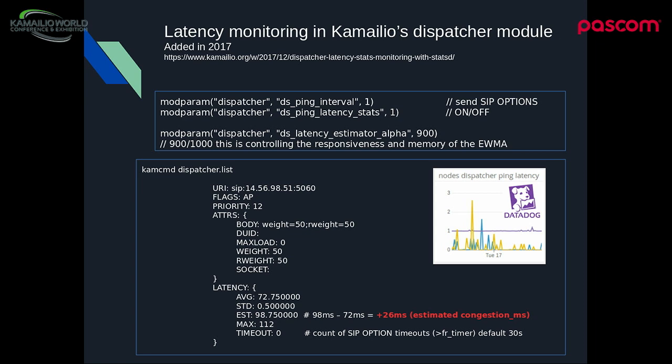And then suddenly the EST, the exponentially weighted moving average, is telling us that at the moment it's slower than usual. The estimator will ramp up or down slowly depending on whether it continues or not. But at this time, what we can tell using this estimator is that we are 26 milliseconds above the normal performance of this gateway. So this gateway is underperforming, and it's kind of worrying.